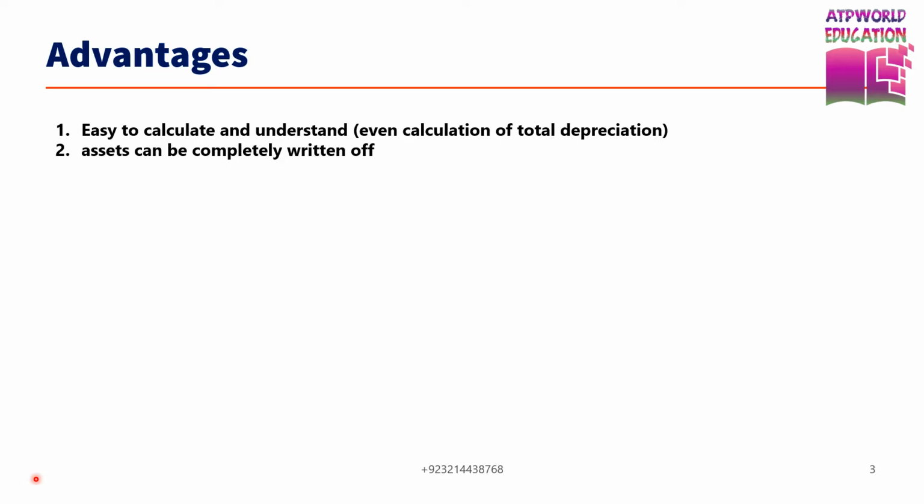Like if you are charging 2000 depreciation per annum, and the cost of the asset is 10,000, then after 5 years the asset will be completely written off, because for the 5 years you will charge the whole cost of the asset as a depreciation. So there is zero value of asset after the 5 year life.